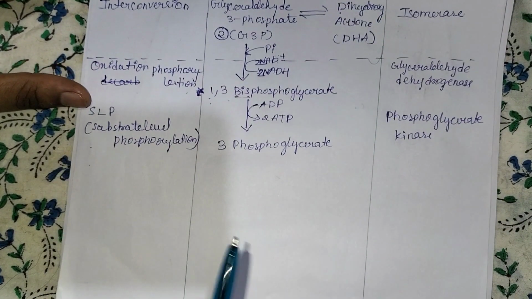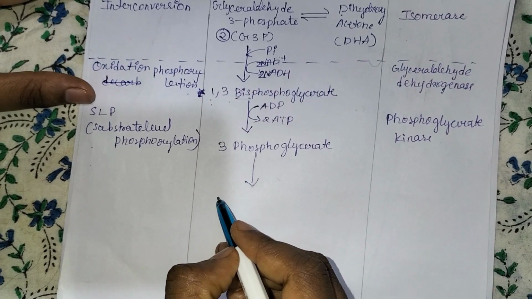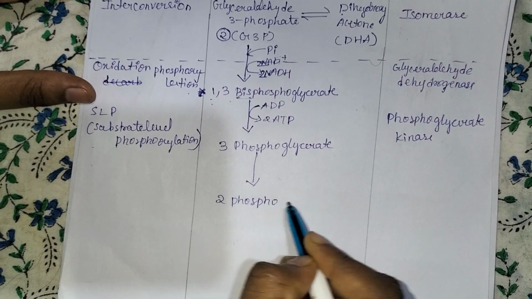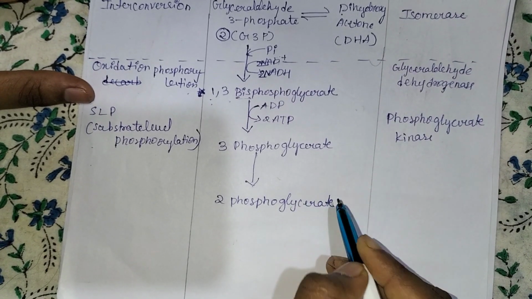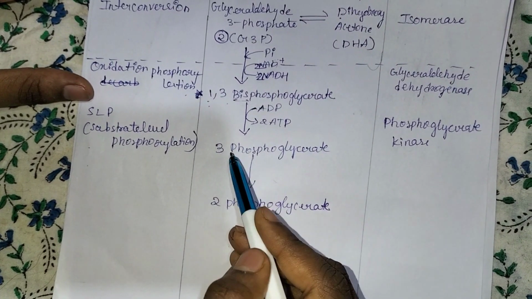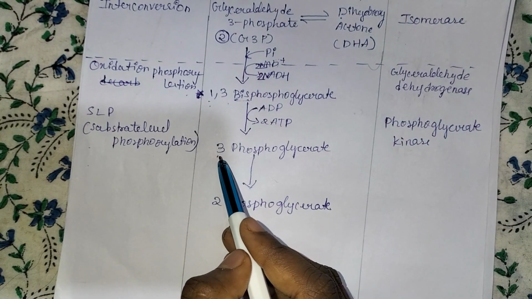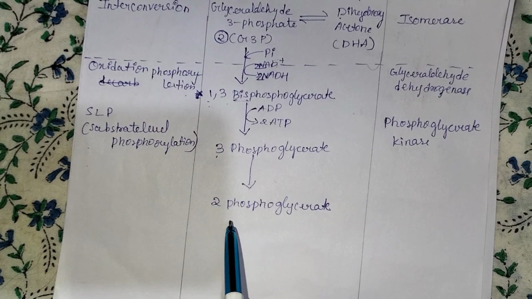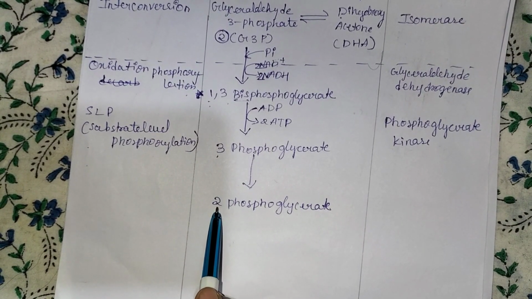Okay, next this 3-phosphoglycerate is converted into 2-phosphoglycerate. Here in 3-phosphoglycerate the phosphate was at the third position, and here you can find the phosphate at the second position. So what is happening here?